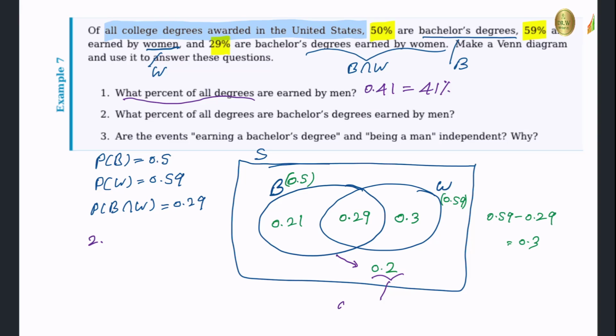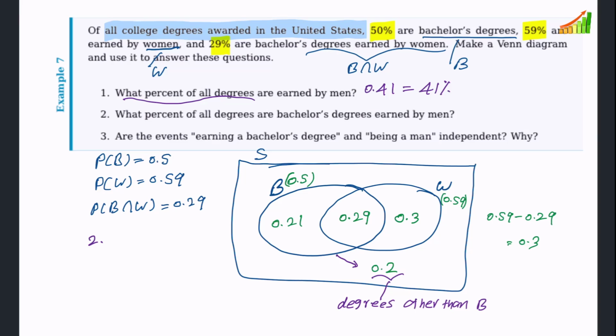Therefore, it should be degrees other than bachelor degree. Why? We consider all college degrees awarded in the United States and B represents only the bachelor degree. Therefore, out of the B should be the degrees other than bachelor.